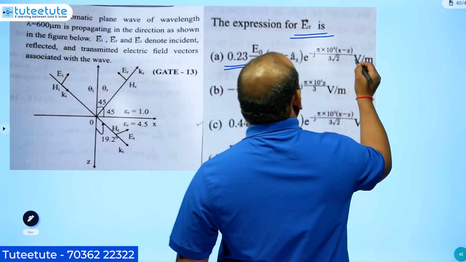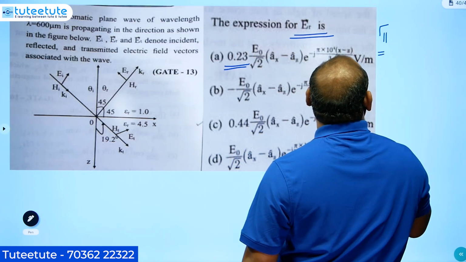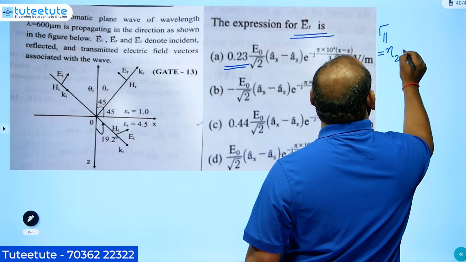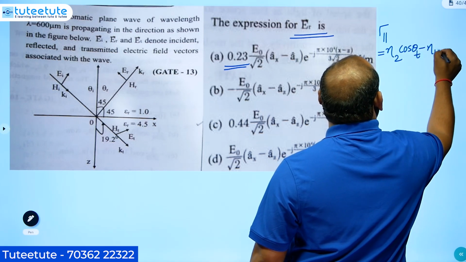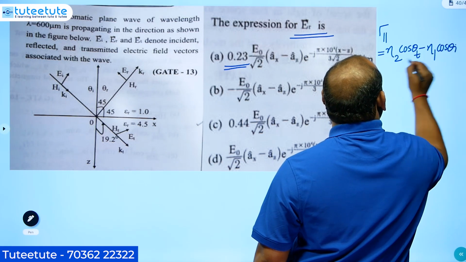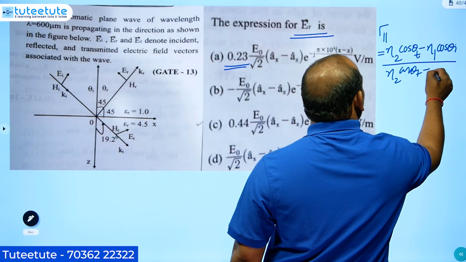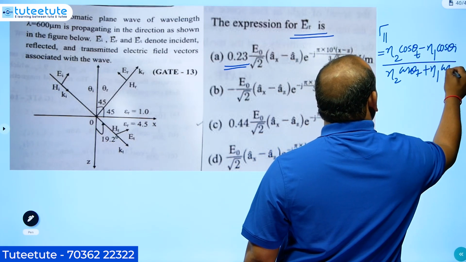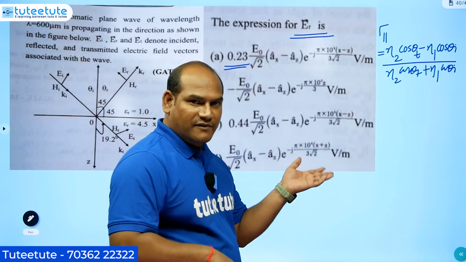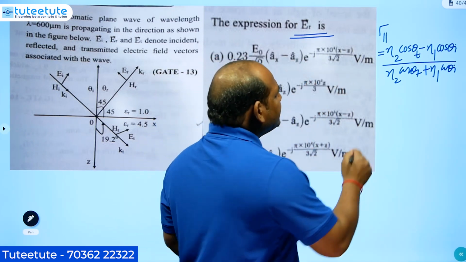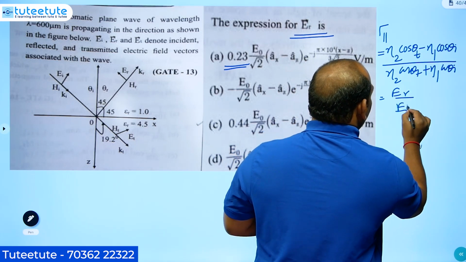For parallel polarization, what is the equation? Gamma is eta 2 cos theta t minus eta 1 cos theta I by eta 2 cos theta t plus eta 1 cos theta I. Using this, we can get the gamma value, and it is equal to ER by EI.